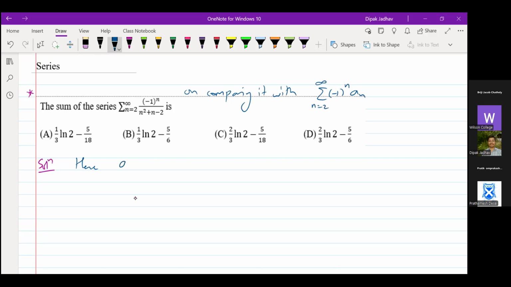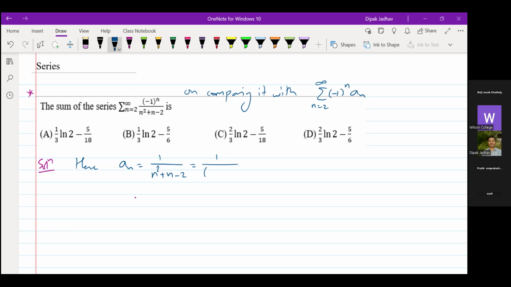We have a_n equal to 1 upon n square plus n minus 2. So in the denominator, you have a quadratic expression in the variable n. Is it possible to factorize that quadratic expression? And if yes, what are the two factors?